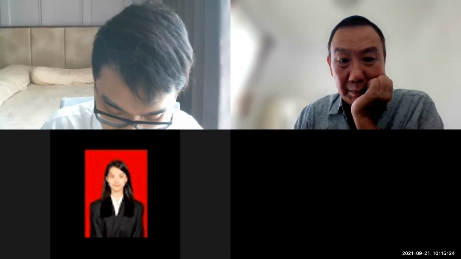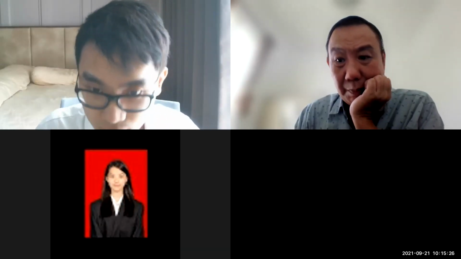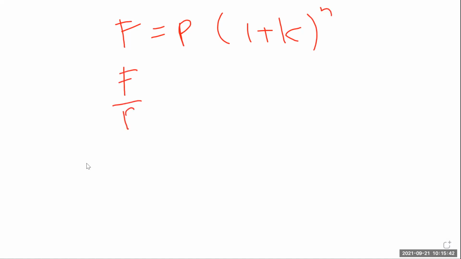I will put it on the whiteboard. So you have F equal to P times 1 plus K exponent N, correct? Then I will put F divided by P equal to 1 plus K exponent N, right?